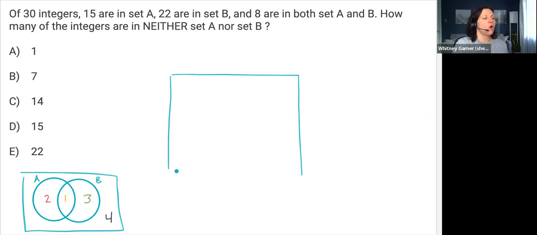For those of you that learned a formula for these, I'm going to tell you right now, applying a formula to these on the test is a pain, because they will often write the questions in a way that makes setting up that whole equation difficult, partly because it depends on how they give you the information as to how you should be setting up an equation. So I don't ever use the equations for any overlapping set problems, nor do I use a Venn diagram. I 100% of the time use a double set matrix.